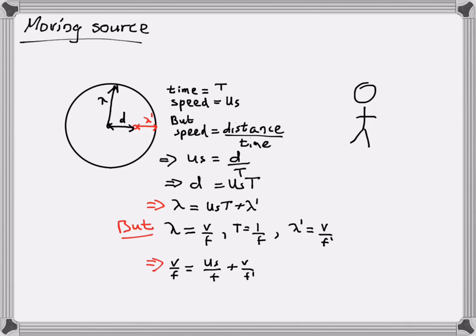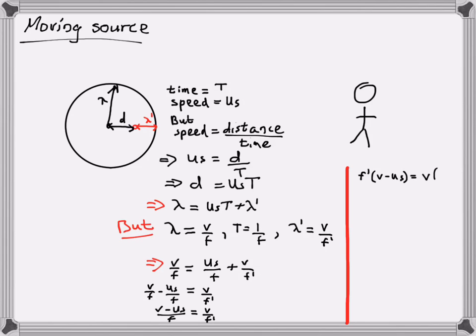Now what I basically want is to get f prime by itself. So I want a way to calculate f prime. I want f prime equals to something. So I'm just going to rearrange this equation. I'm going to skip a couple of steps. So I end up with an equation where I have something with f prime in it by itself. And if I cross multiply, I get f prime times v minus us is equal to v times f.